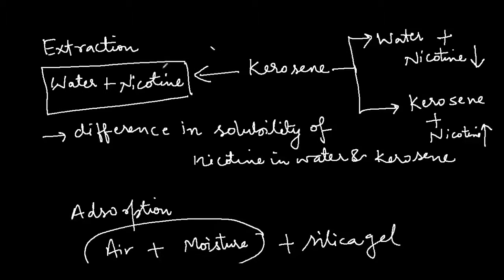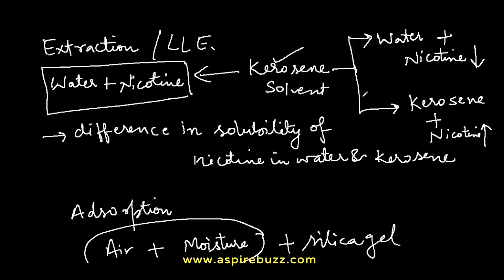Next we have extraction, or liquid extraction. In liquid extraction, suppose you have water which contains some arsenic, nicotine, or some heavy metal, and you want to separate it. We will utilize kerosene as a solvent to remove the nicotine from the water. We mix them thoroughly, and this creates two phases; two phases are a must. Some nicotine will go in the water and some nicotine will go in the kerosene.